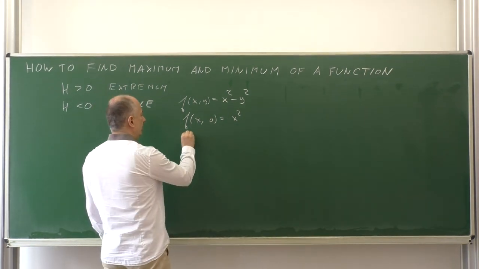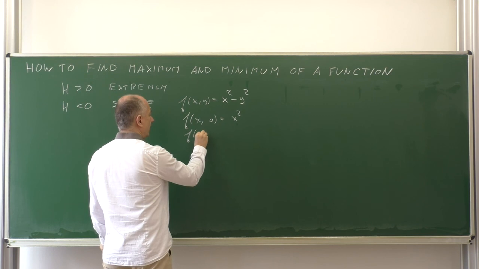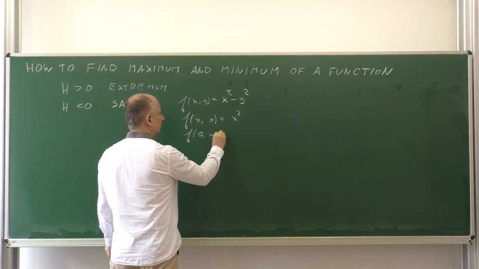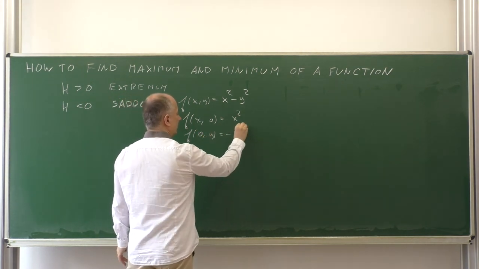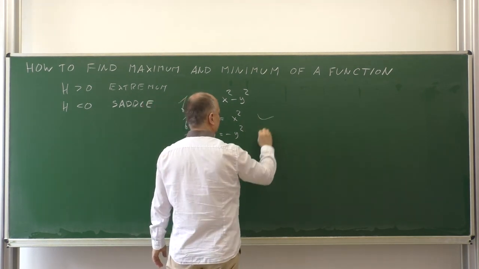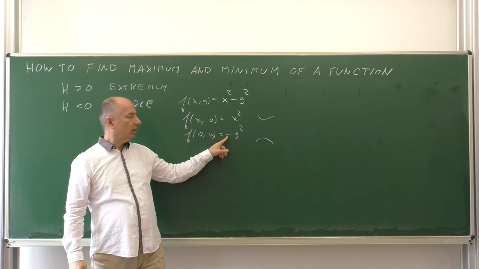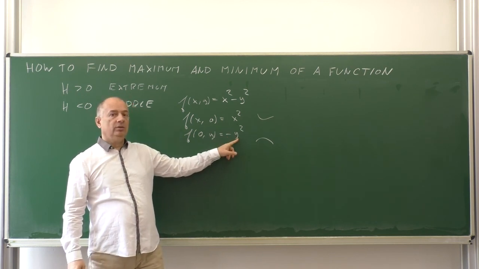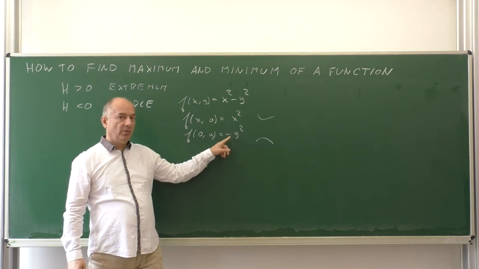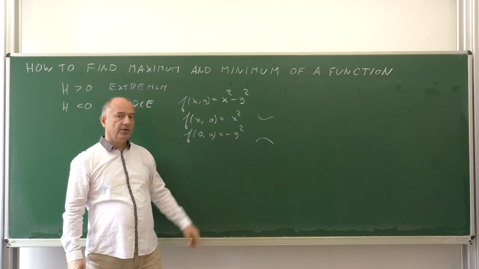On the other hand, if we look at the points where x is 0, then this is minus y squared, and this is obviously a maximum. It is 0 at 0, and it is negative everywhere else on this line, x is 0.